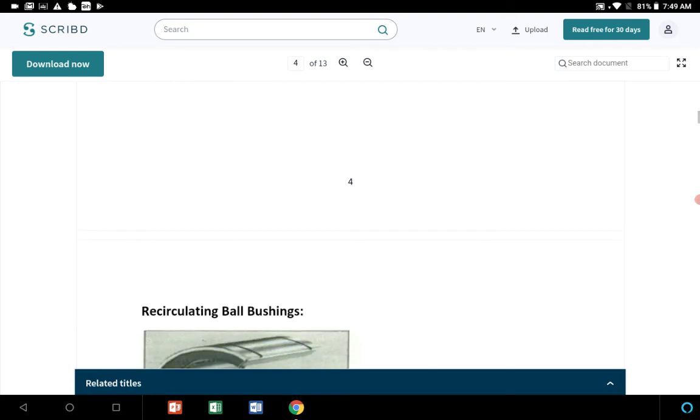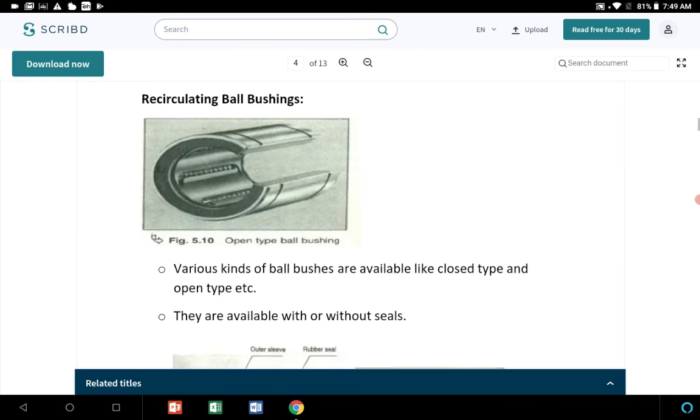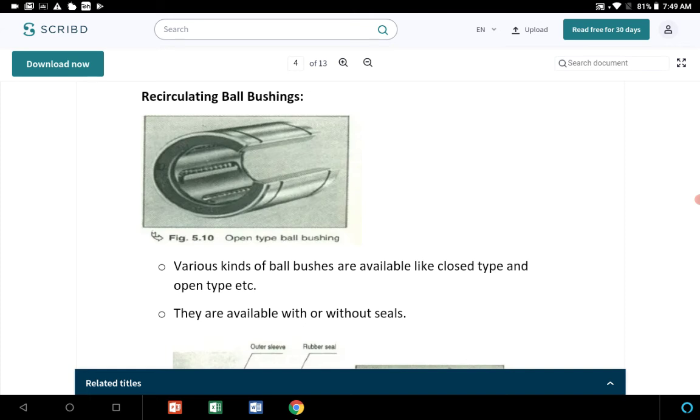Few figures you can see here: recirculating ball bushings, in which in the inner casing of the bush a cage is provided, and in that the balls are circulated.